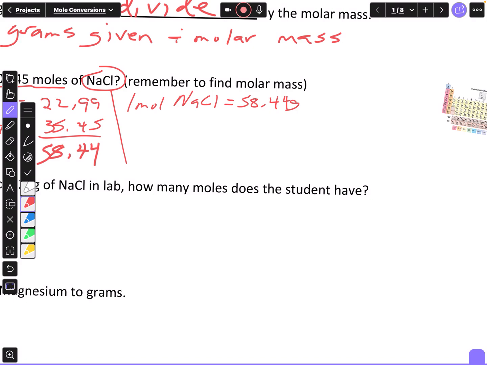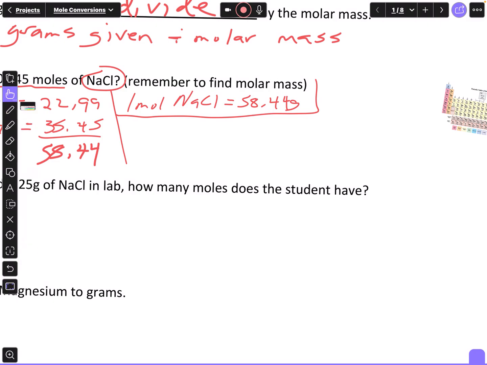Now, the way I can do this is two different ways. I can work it out where I cancel out my units and I know exactly if I'm supposed to multiply or divide, or I can simply just multiply. So I'll work it both ways and you can decide which way you want to work it. Most students just want to simply multiply it, but I'll show you kind of the longer way, the harder way, cancel out units in case you want to work it that way.